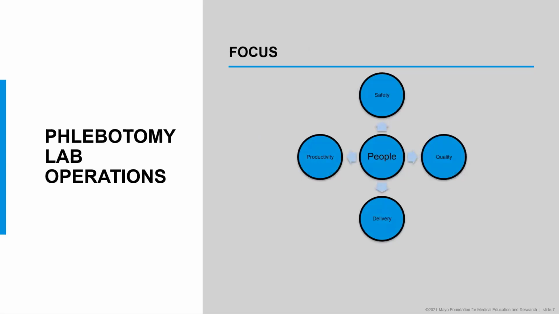So if we look at the operations in the lab, these are the elements or the focus areas that we typically look at. So we have the quality, the safety, the productivity, and the delivery of service. But what we shouldn't forget about is we cannot do all these other work without the middle part, which is the people part.